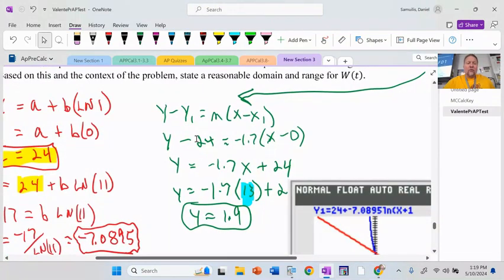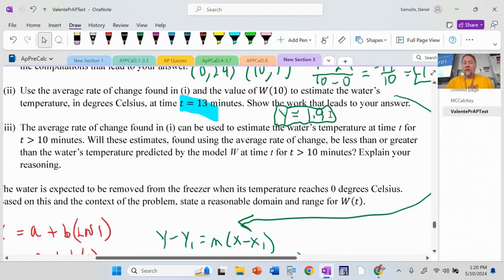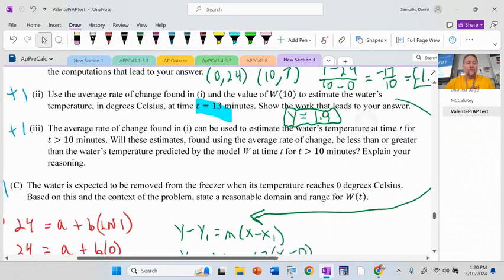And 24 is the y-intercept anyway, but I just wanted to show point slope form one more time. And then using the average rate of change, what would 13 give us as an output value? Well, I plug in 13 for x in my equation and solve for y. So 1.9 degrees Celsius, 13 being 13 minutes. That's why we get that answer, 1 point.